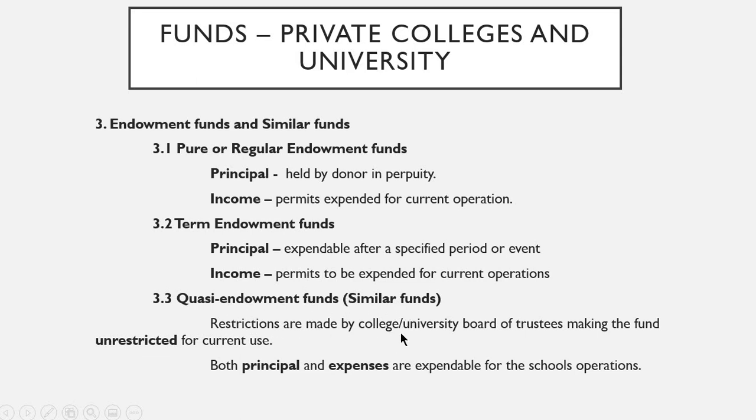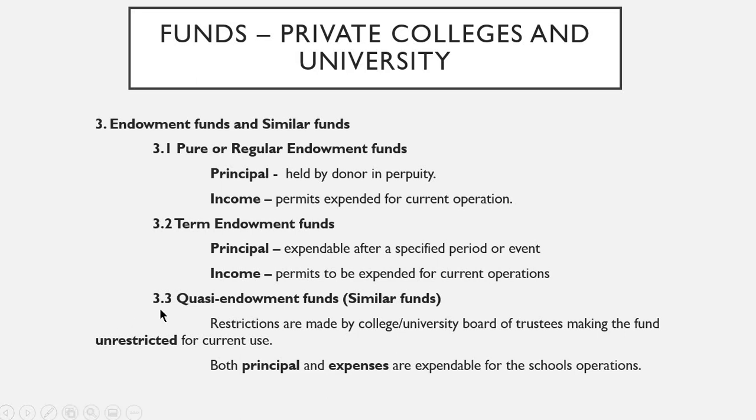Restrictions are made by the college or university board of trustees, making the fund unrestricted for current use. Kaya quasi-endowment fund siya. Kasi yung mga endowment fund natin usually or technically, the restrictions come from donors outside the organization.